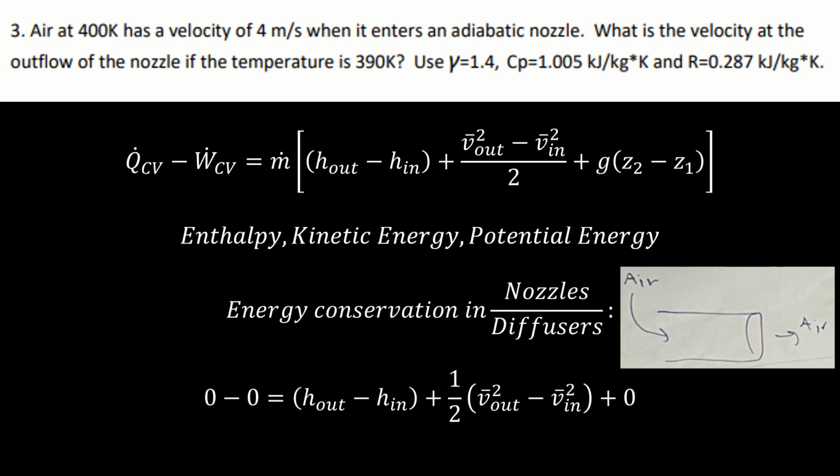Now, one thing I want to point out is in our main equation, because our heat flow and our power both become 0, even though we're multiplying the mass transfer rate by this entire thing in brackets, basically it's 0 equals something times everything in brackets.